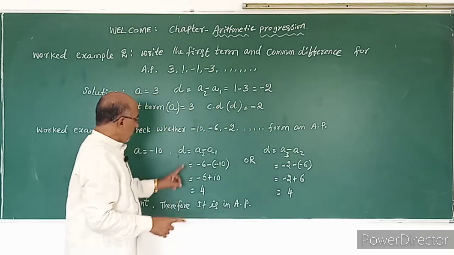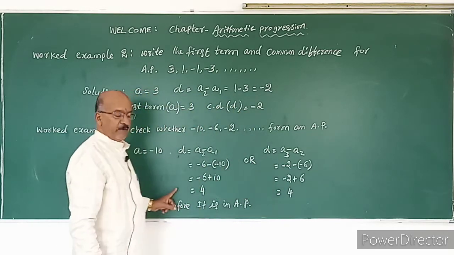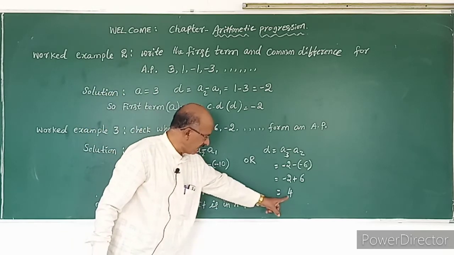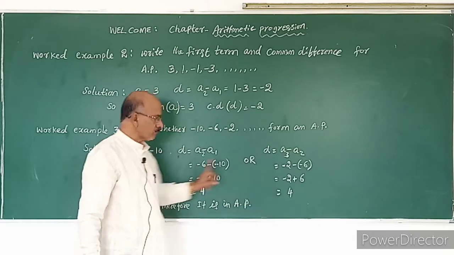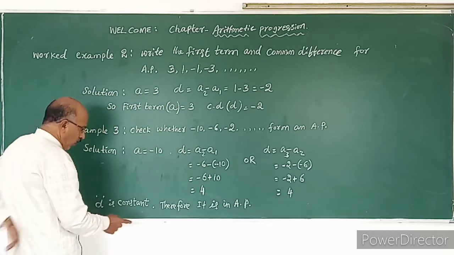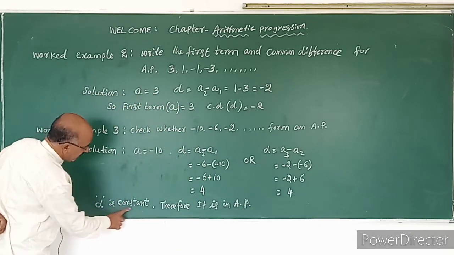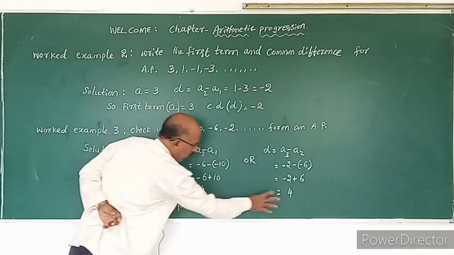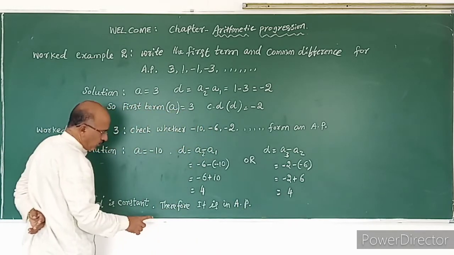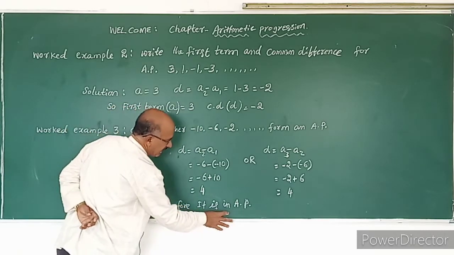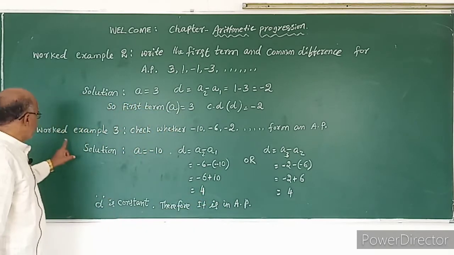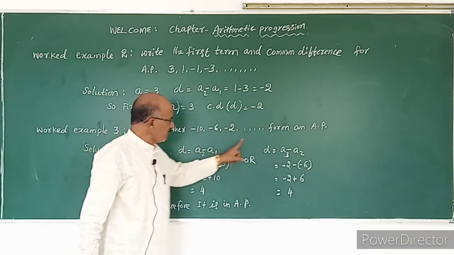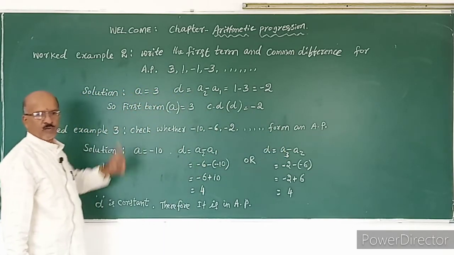So, in both the cases, common difference is 4 and it is the same. Therefore, D is constant. Therefore, it is an AP. This means the given arithmetic progression forms an AP. Okay.